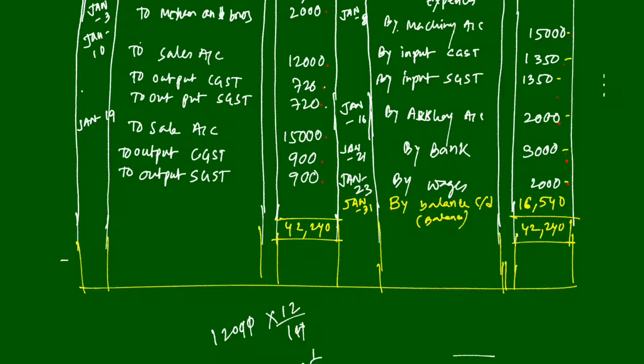You have to write after that, here February 1 to balance b/d 16,540.